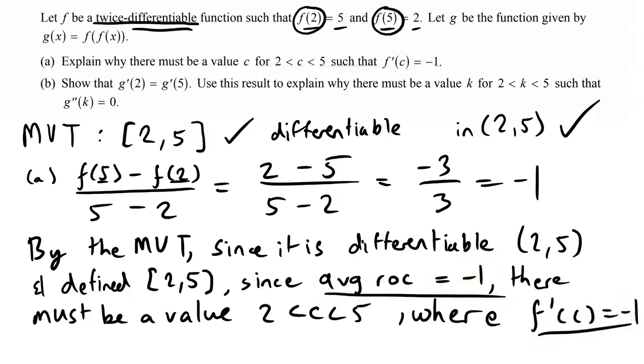This is pretty much the definition. Since we have these two conditions, there must be a point somewhere between those defined points where it has that same instantaneous rate.